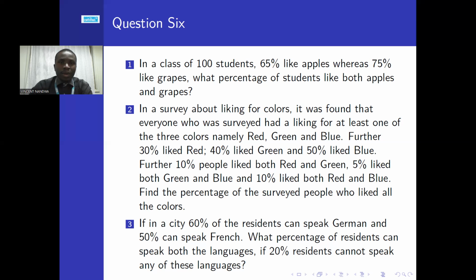Unlike in case 3, whereby the information is very clearly given that 20% do not speak any of the two languages given in the question.